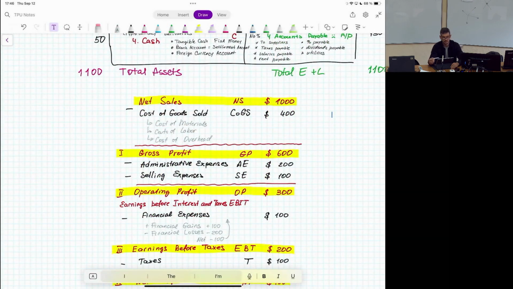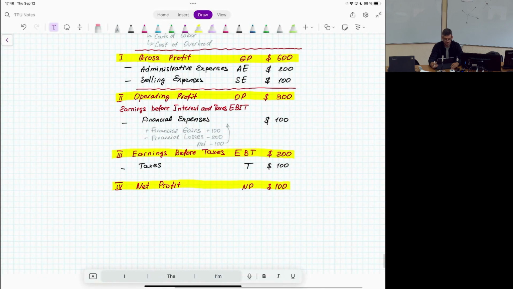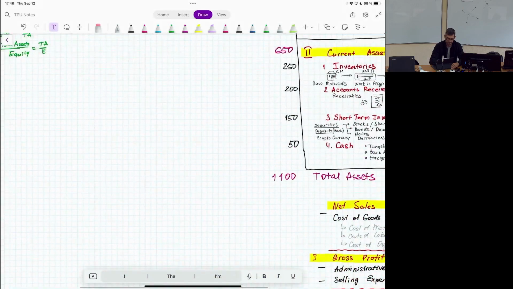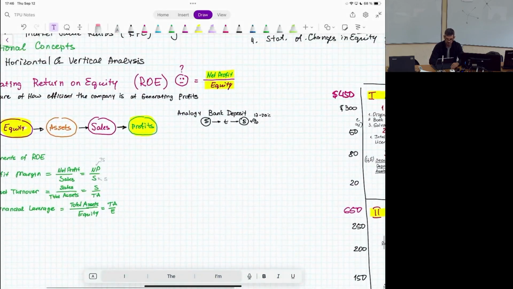So see, we have net sales of 1,000, and then we subtract cost of goods sold 400, get the gross profit of 600, subtract the administrative and selling expenses, get the operating profit of 300, subtract the financial expenses, get the 200 of earnings before taxes, and finally, net profit after taxes, 100. Okay? So now we can go back and do something here.